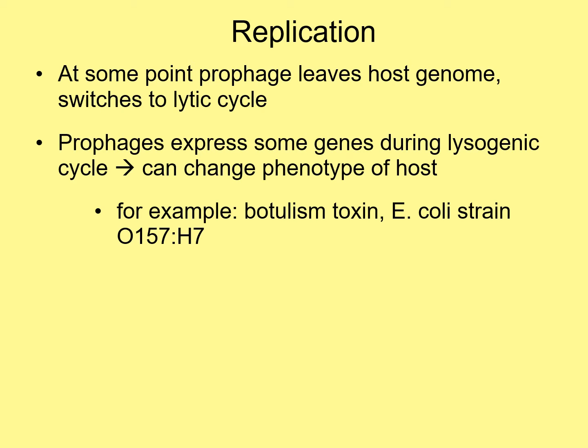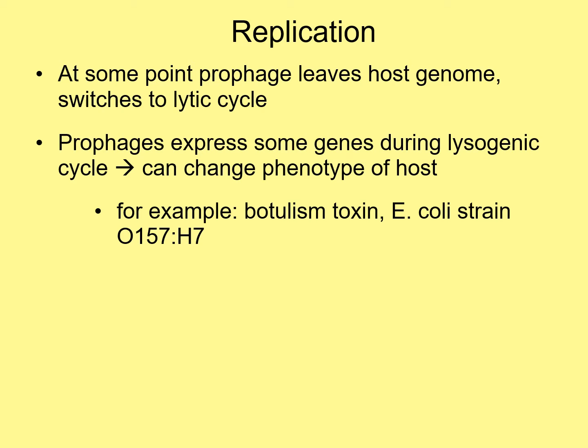O157:H7 is the strain that causes severe food poisoning and can cause death as a result. And of course, we're prone to getting mad at our E. coli. It's actually not their fault, because what is changing the behavior of the E. coli is that it's been infected by a virus, in particular a temperate virus that is using the lysogenic cycle.